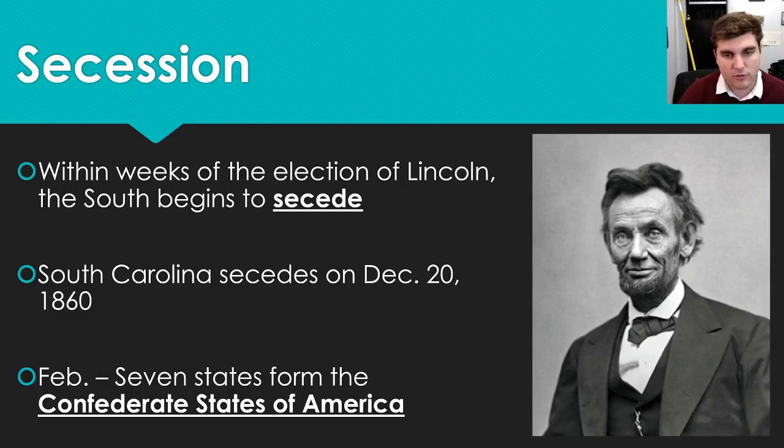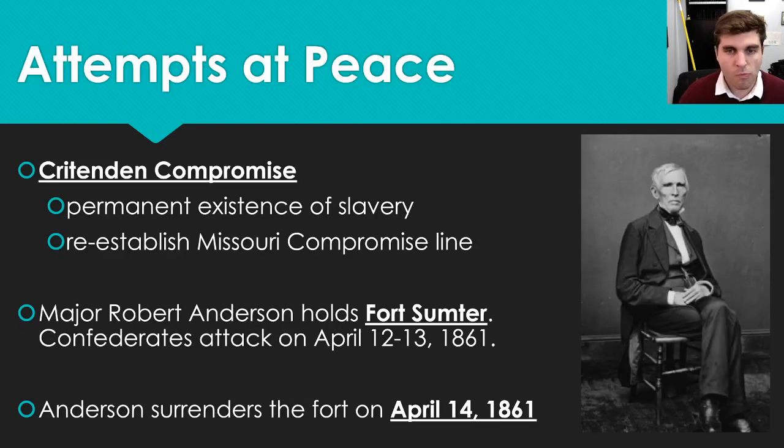It was the final straw for the Southerners. By February, 7 states formed the Confederate States of America. So at this point, they're a different country. They view themselves as a different country, and at the same time, the United States views them as states in rebellion. That's very important as we go through.